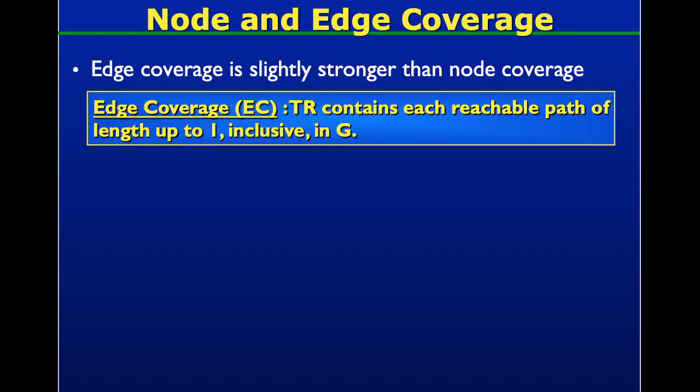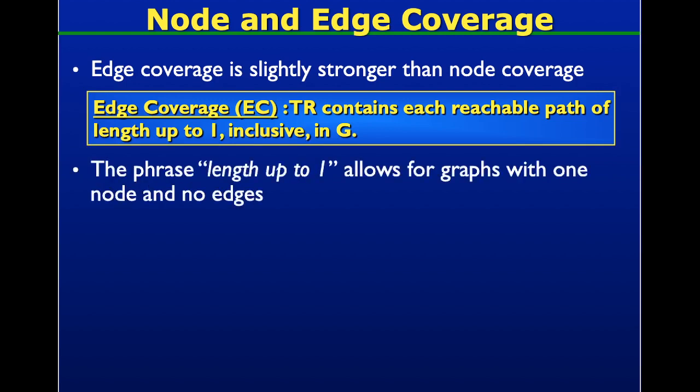For the edge coverage, a test requirement contains each reachable path of length up to 1 inclusive, which are non-repeating. For example, if you have, like I said, a graph of 1, 2, 3, and 4, the edges that connect the nodes that are predetermined will be a part of edge coverage.